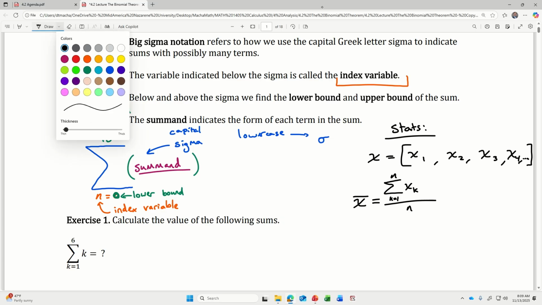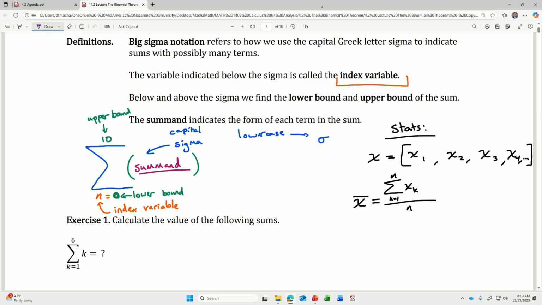Okay, so whenever you see something like this in exercise 1, the way I read it is I'm adding up a bunch of terms that look like k, where k is going to go from 1 to 6. So in other words, this sum is equal to 1 plus 2 plus 3 plus 4 plus 5 plus 6. Mm-hmm.